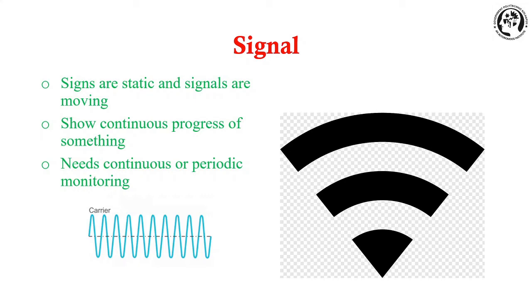So signals show continuous progress of something. They need continuous or periodic monitoring. Then only they are useful. So we have illustrations here.